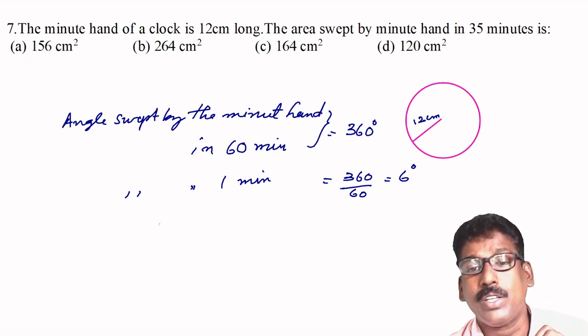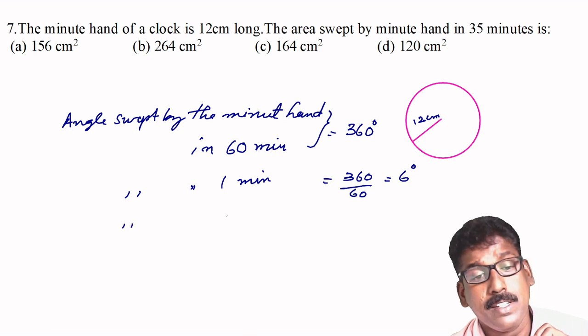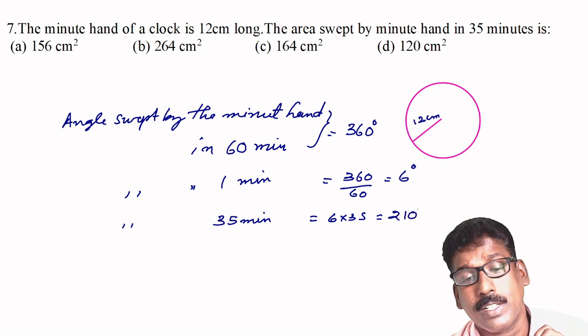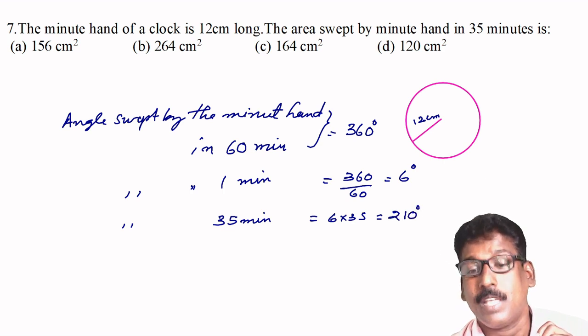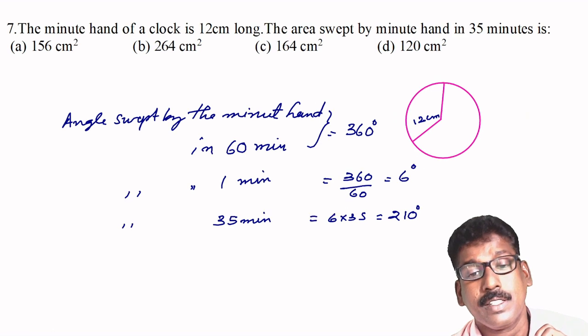We want to find out 35 minutes. So angle swept by the minute hand in 35 minutes you can write as 6 into 35. 6 into 35 is 210 degree. That means here the angle is 210 degree in 35 minutes.